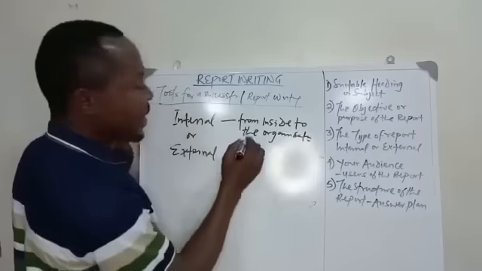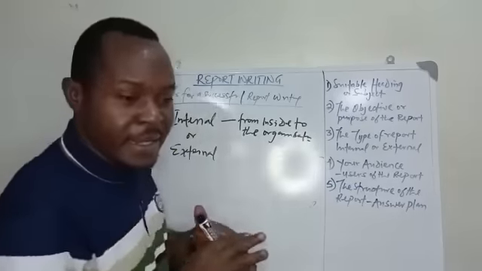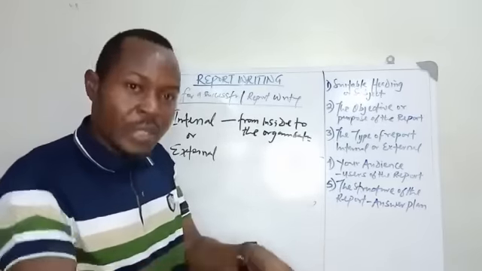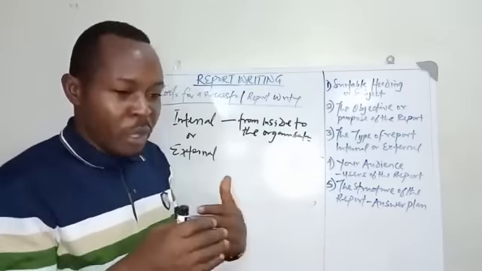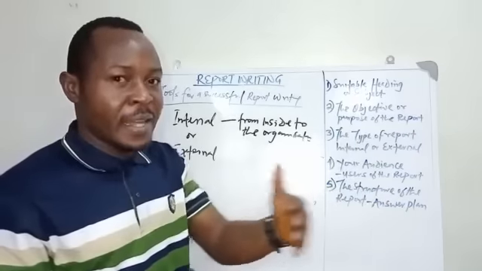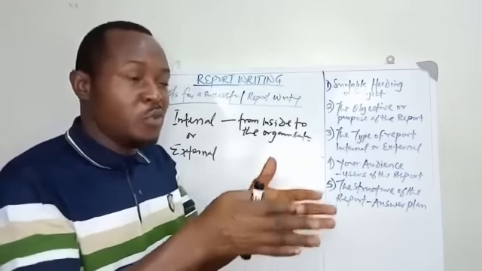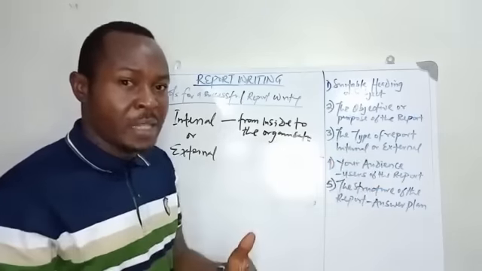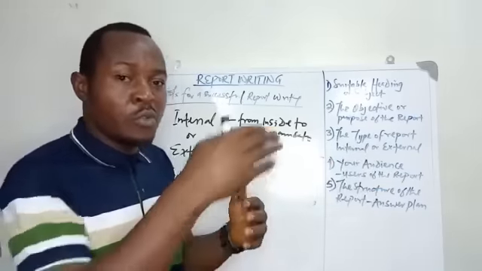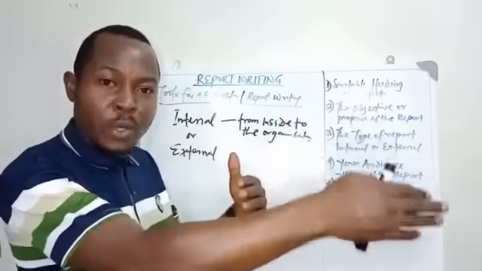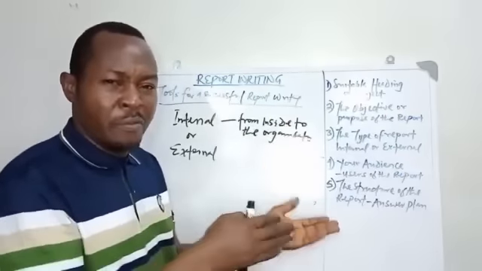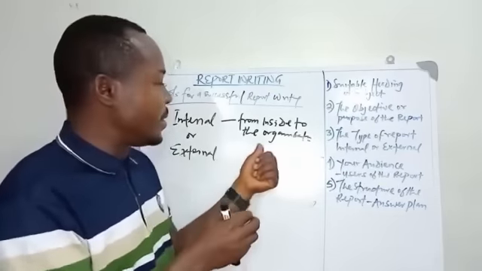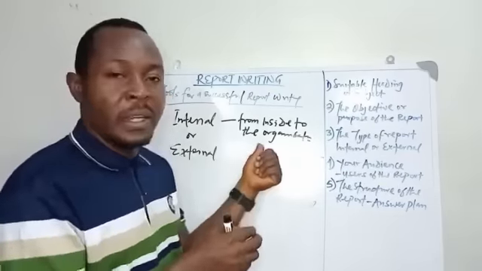If the report is initiated within the organization and the destination is still within that organization, either from you to the chief financial officer (CFO), or from you to the managing director or chief executive officer, or from you to your superior, whoever your superior is, or even from your department to the board of directors, you see, such a report is classified as what?